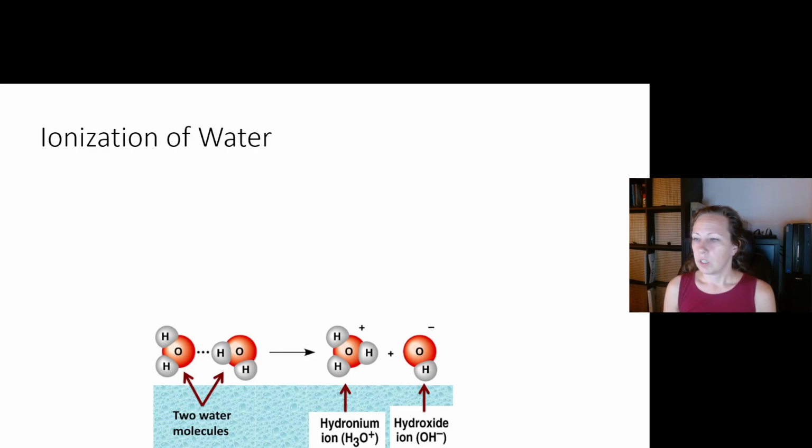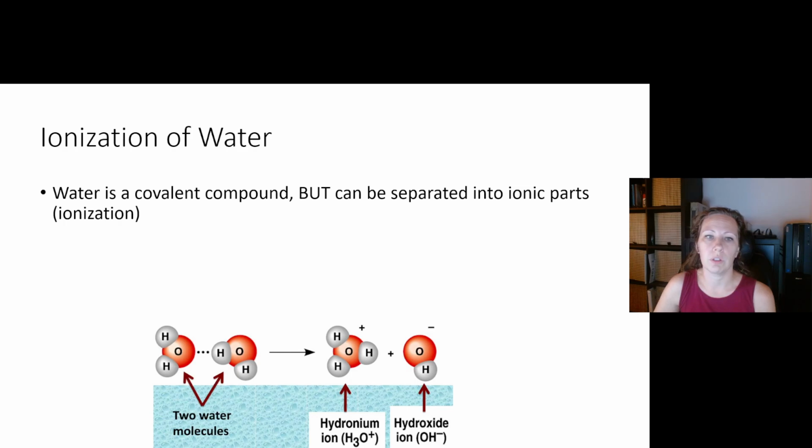Okay, so an important thing to understand when we are talking about acids and bases is the ionization of water. Water will naturally, to some extent, separate itself into ionic parts.